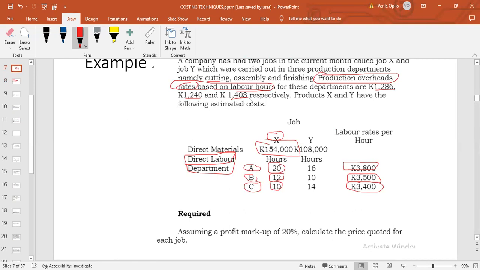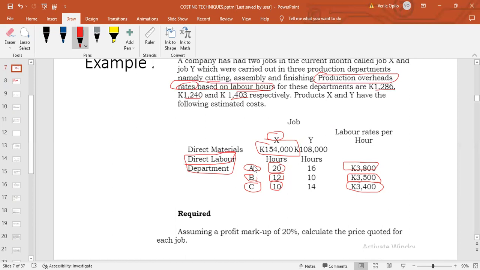In this case, we're going to add those production overheads: 1,286 plus 1,240 plus 1,403, to give us the total production overheads that the company has incurred.